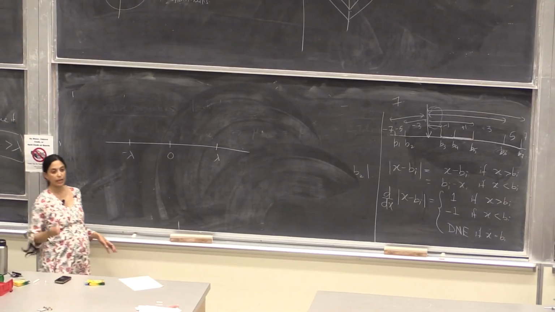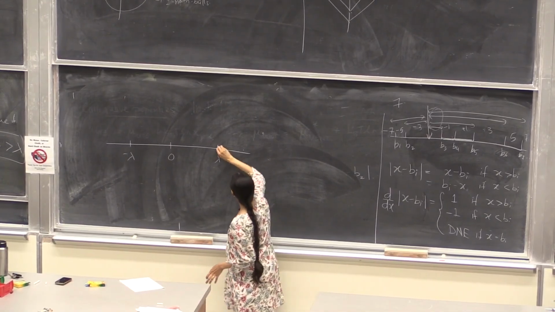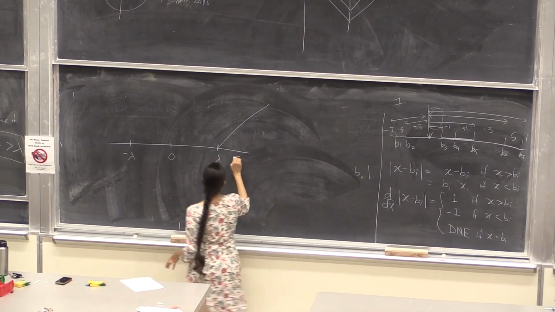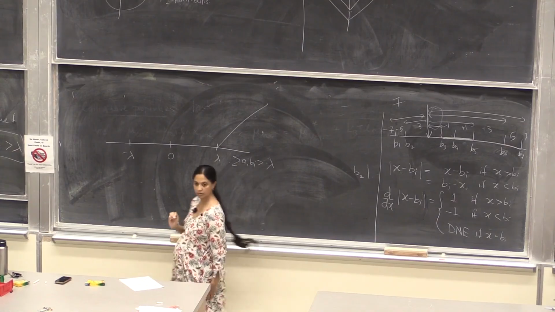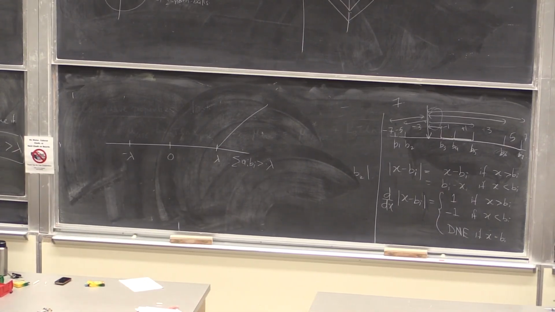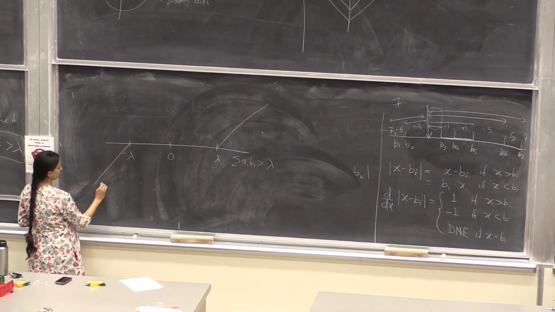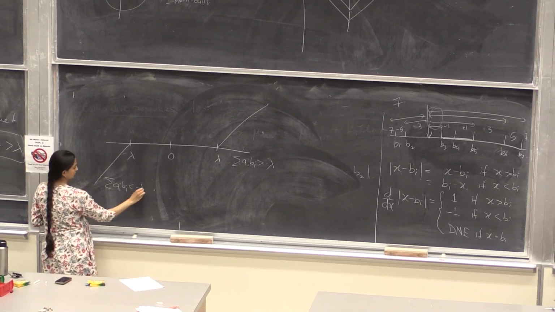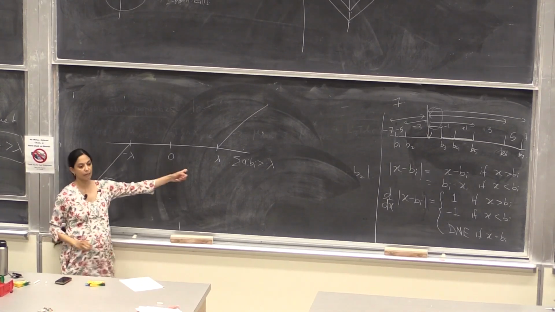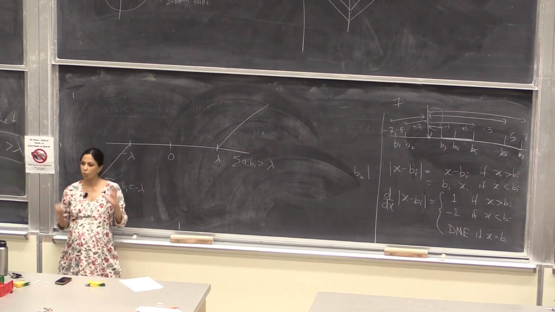Okay? If sigma ai bi is greater than lambda, then my x solution looks like this. If I have sigma ai bi less than minus lambda, I have a solution that looks like this. And now if I have sigma ai bi in between minus lambda and plus lambda, what do I have as my solution?